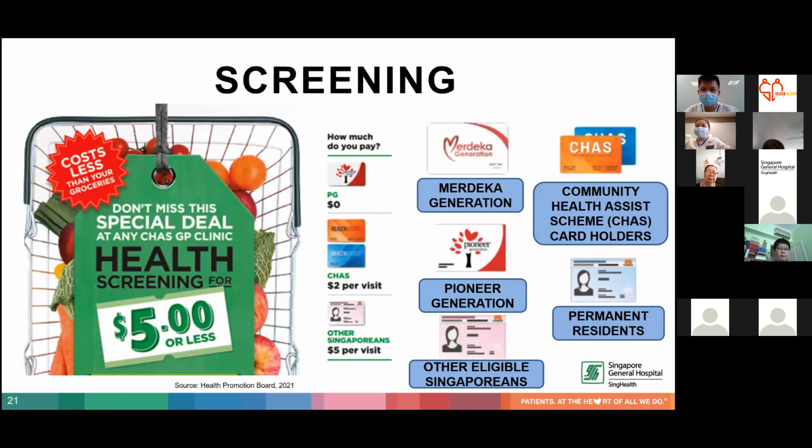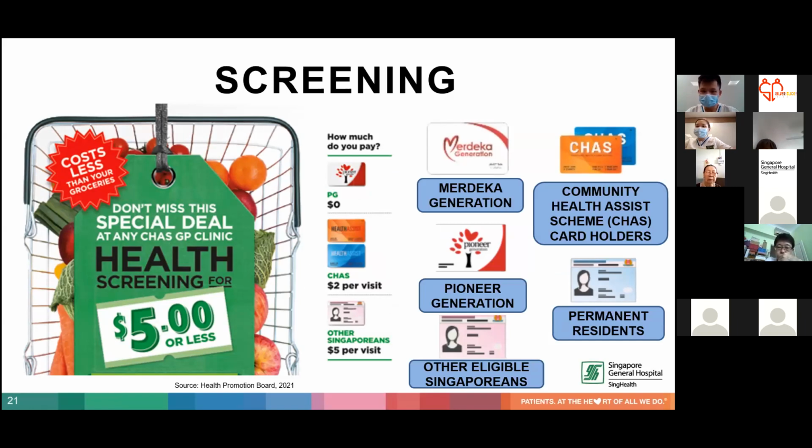Yeah. So thankfully, we have this new screening package that is just recently rolled out by the Health Promotion Board as well as the Ministry of Health. So if let's say you are a Pioneer Generation card holder, you don't have to pay anything to go for this screening program.